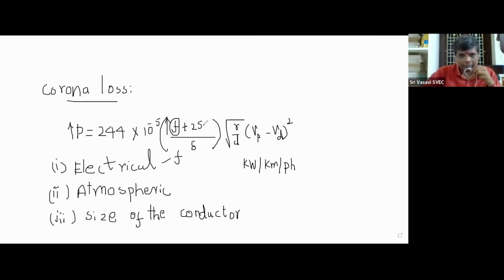So when compared to 60 Hz, in 50 Hz the corona loss is less. And in DC, because the frequency is 0 Hz, corona loss is very less when compared to AC. That's why in HVDC transmission the corona loss is very less. Nowadays HVDC transmission is preferred because of its many advantages, and one of them is that corona loss is very less.